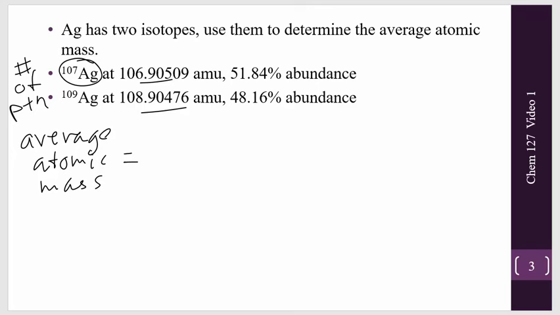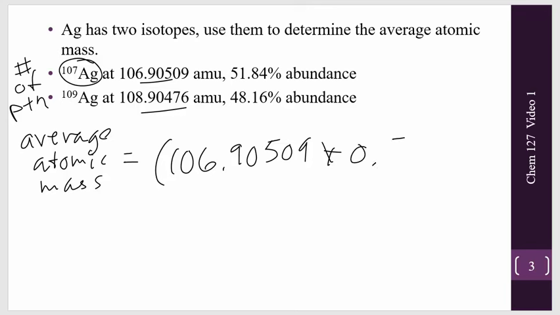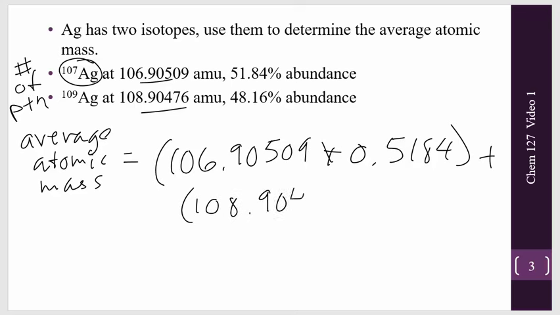So here we have the actual mass, 106.9, multiplied by its abundance in decimal form, in this case 0.5184. Then we're going to add that to the information for the other isotope. This has a mass of 108.90476, times its abundance in decimal form, 0.4816.